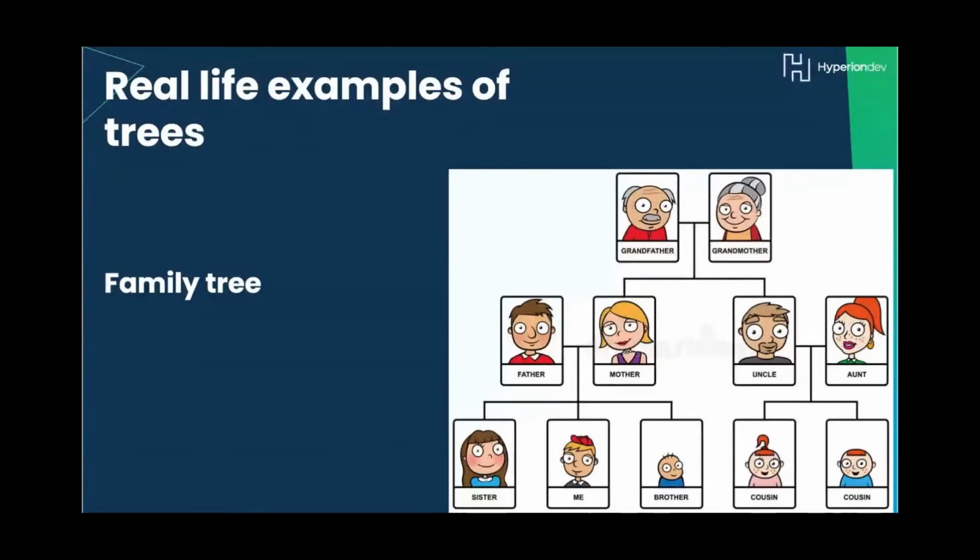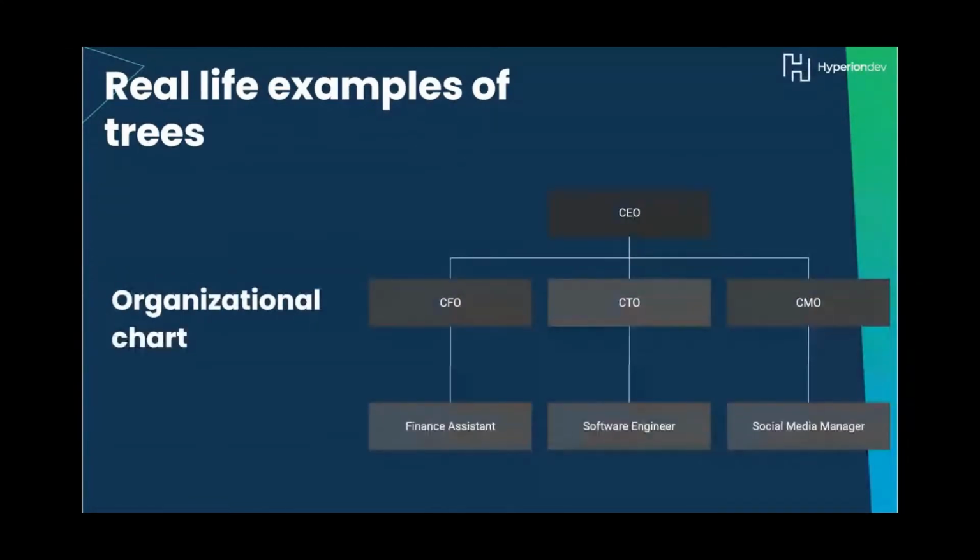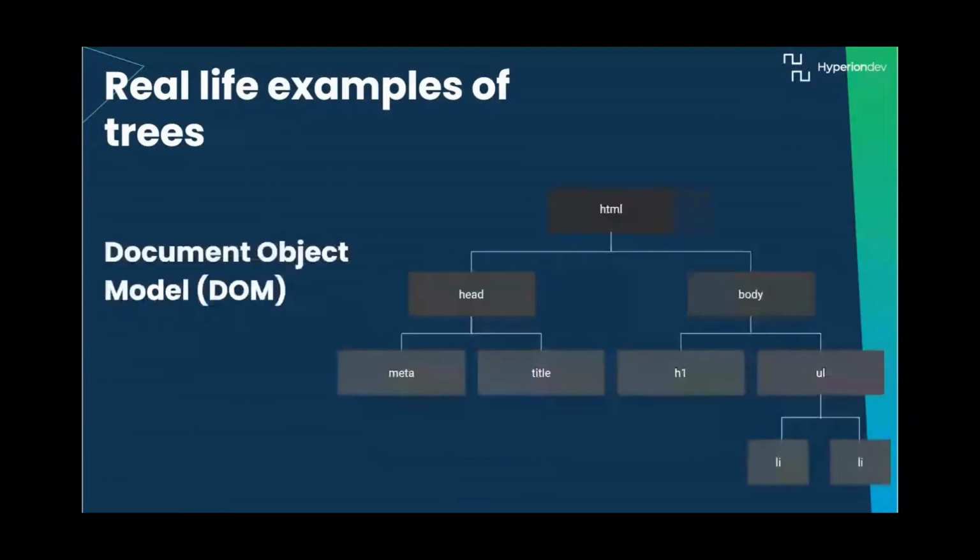The next example is one of an organizational structure. Noting that the root node over here in this example is the CEO, and then we have below that the CFO, CTO, and CMO, and below those would have other employees that fall under those managers.